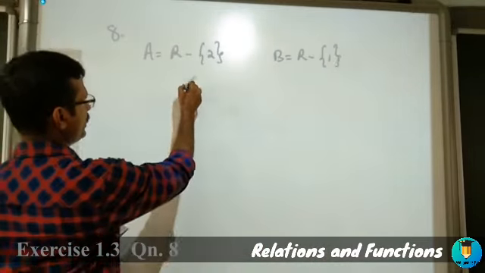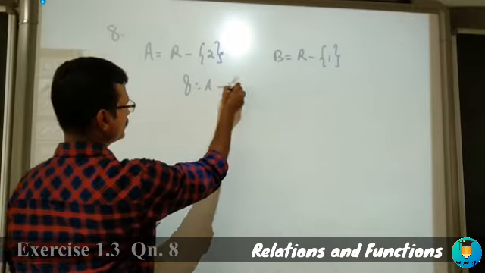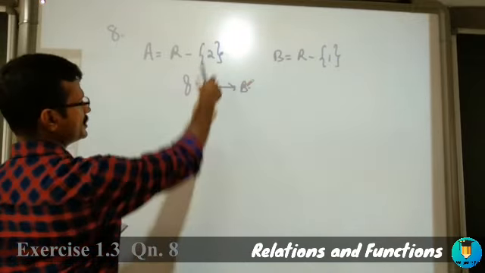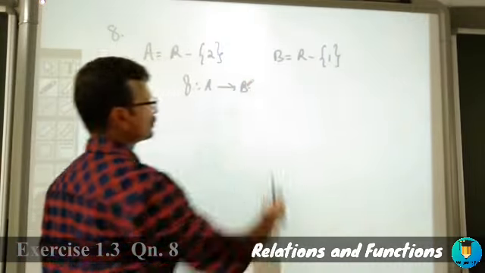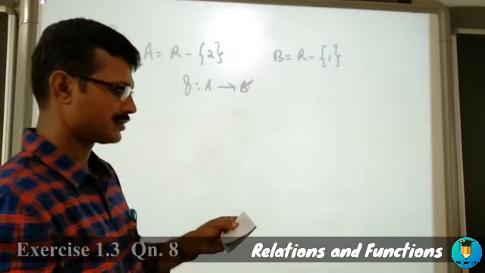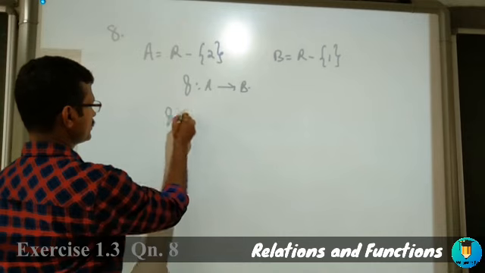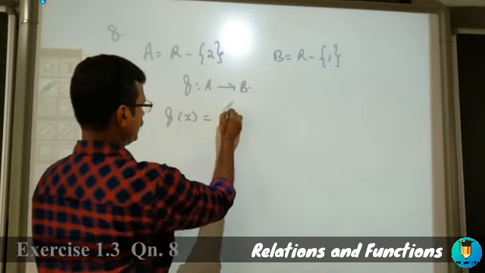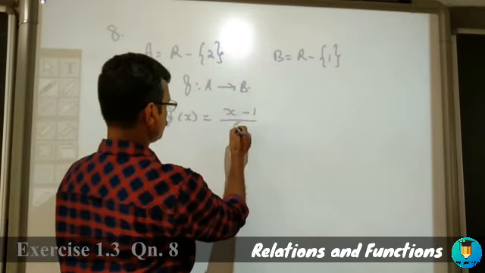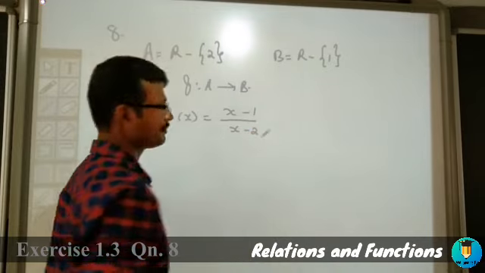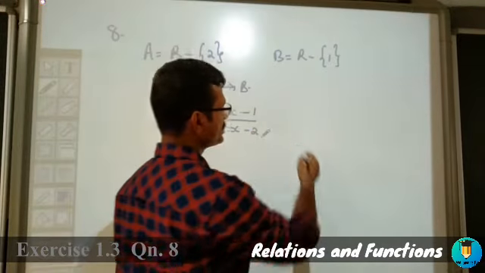This is the domain and this is the codomain. Show that f from A to B defined by f(x) is equal to (x minus 1) by (x minus 2) is bijective. We have to prove it is bijective.